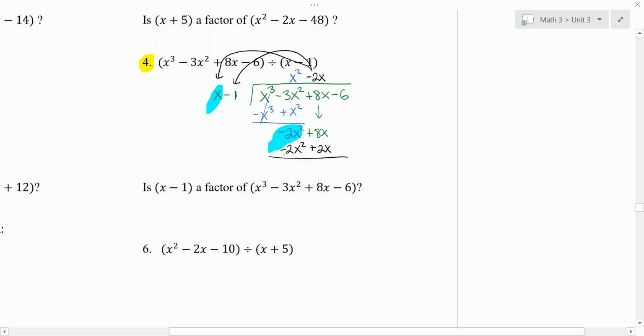We want to subtract these, so we switch our sign, make the -2x squared a positive 2x, make the positive 2x a -2x. And this zeroes out, and 8x minus 2x is 6x, bringing down the -6.